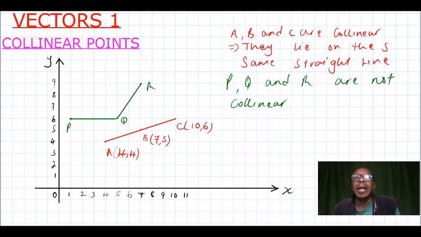Now, we have already discussed the column vector. So we can get AB: 7 minus 4, that is the x component, and 5 minus 4.